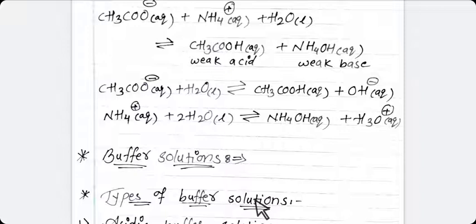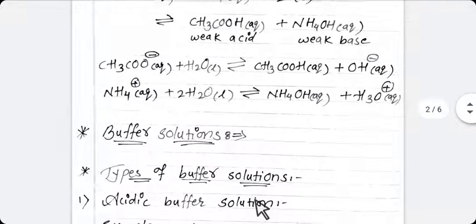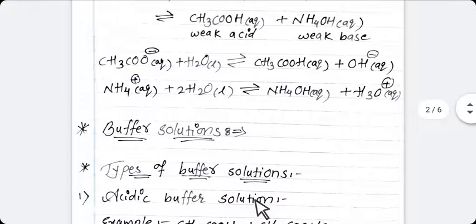So there are two types of buffer: the acidic buffer solution and the basic buffer solution. We will study these one by one. First, the acidic buffer solution: a solution containing a weak acid and its salt with a strong base is called an acidic buffer solution.